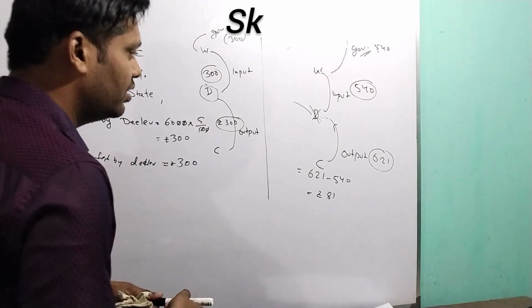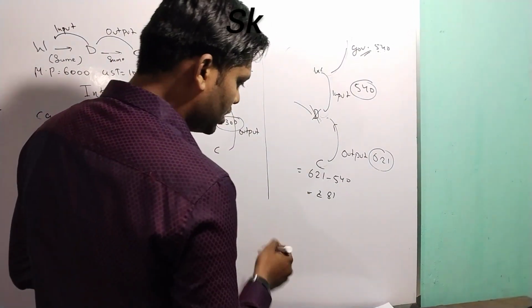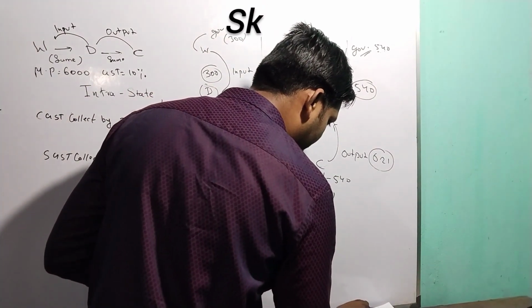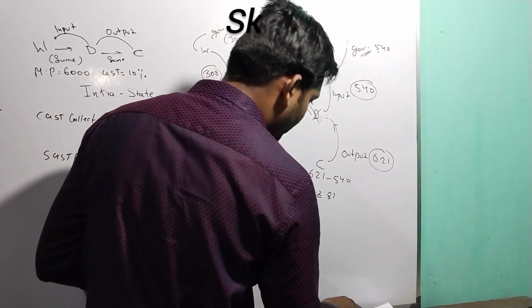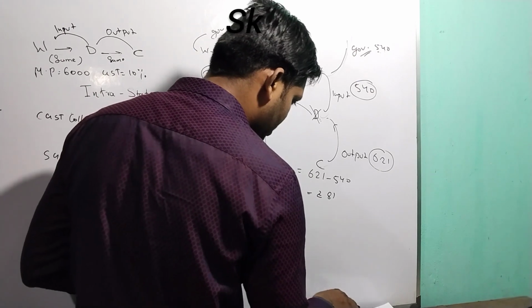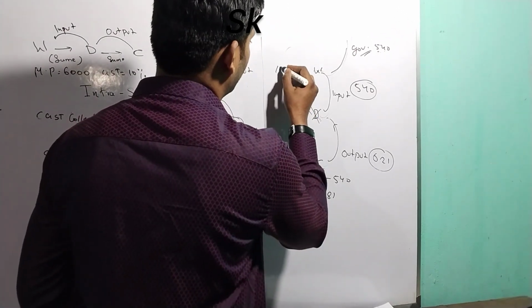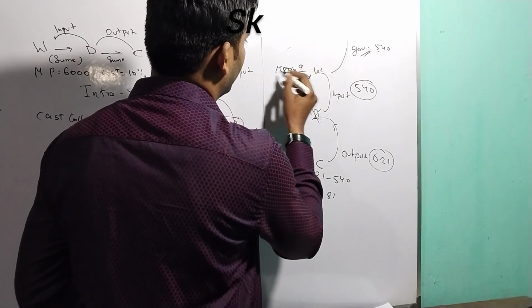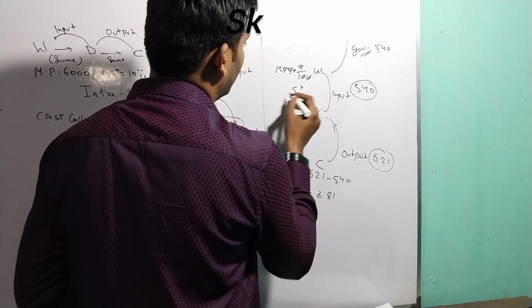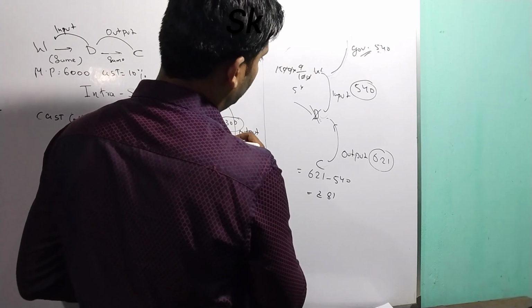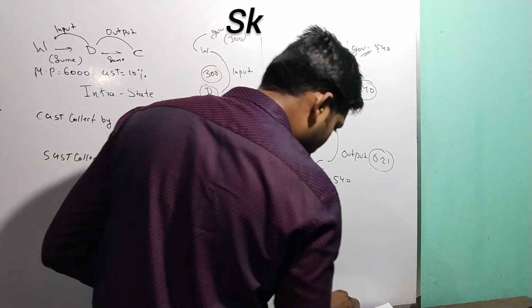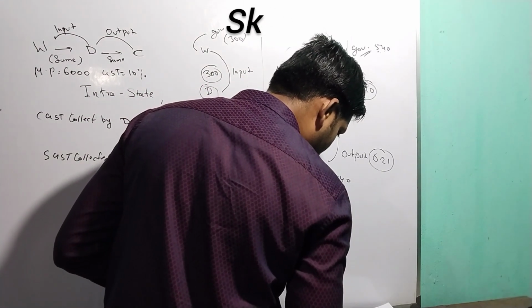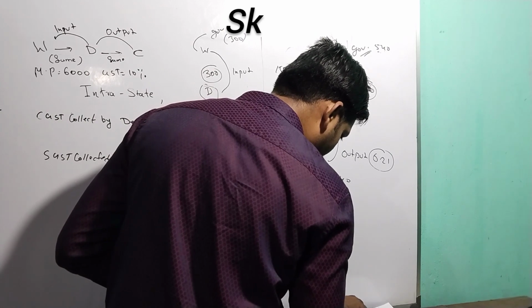If you see nicely, what was the tax? I will show you that it will come directly like that only. Previously it was 9%, no? So on the extra amount, 1500, 9 by 100. Directly we can do it like this also. 9 5 45, 9%, 81.